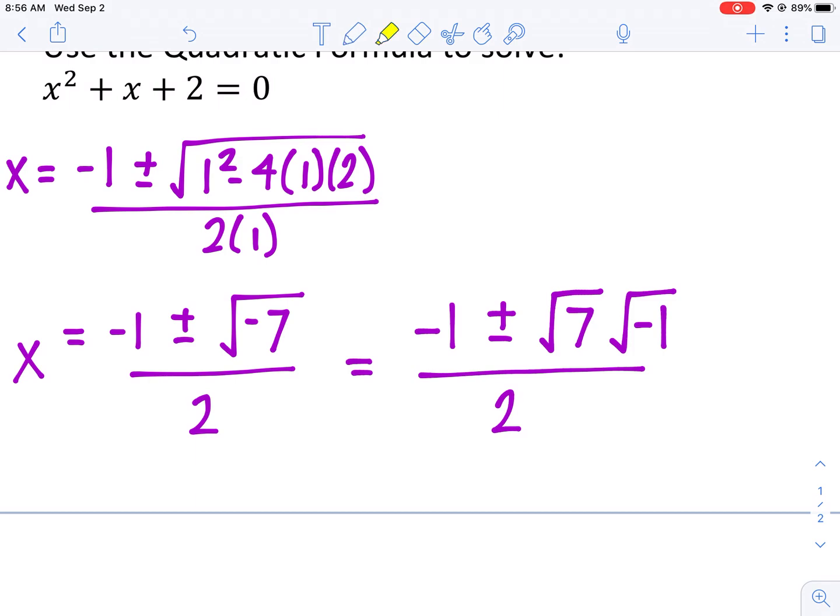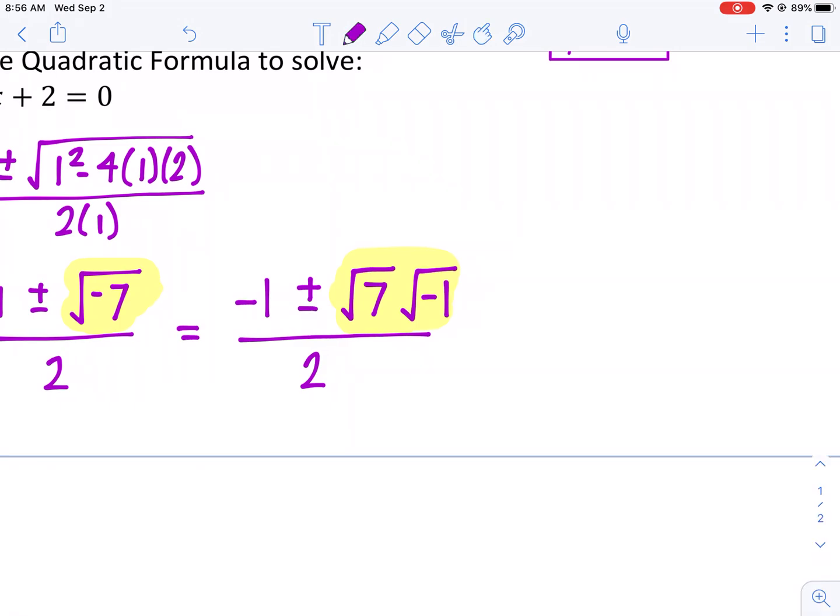These are equivalent. Okay, you should know that with your radical work. It's equivalent. When you multiply under a square root, you just multiply the values under the square root.